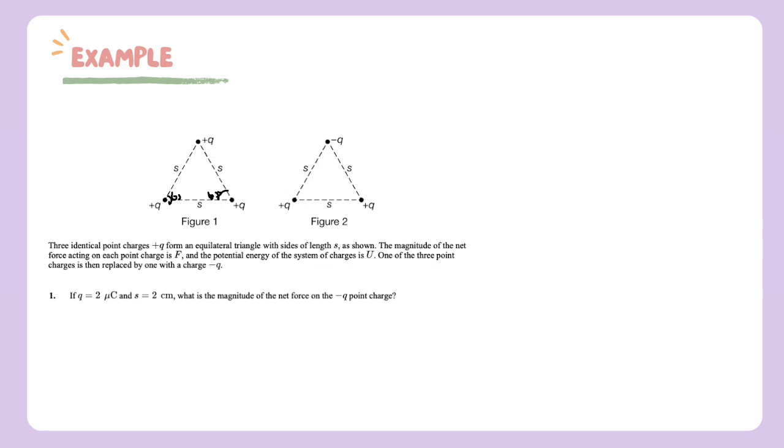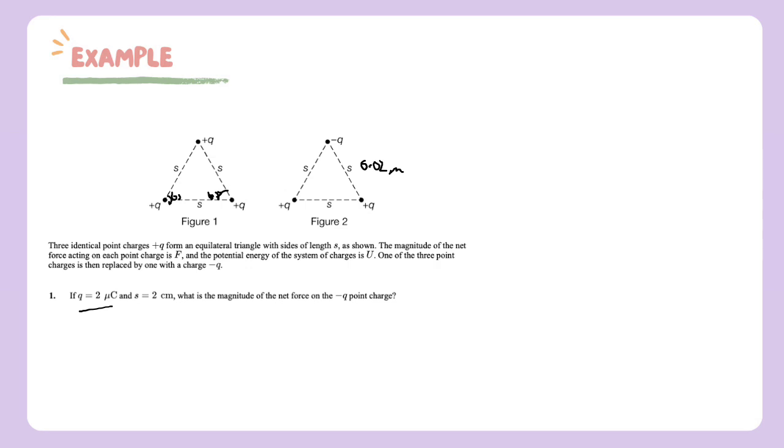The magnitude of the net force acting on each point charge is F, and the potential energy of the system of charges is U. One of the 3 point charges is then replaced by negative Q, as you can see in here. So we replace this by negative Q, and we know that Q equals 2 microcoulombs, and the length is 0.02 meters. What is the magnitude of the net force on charge Q?